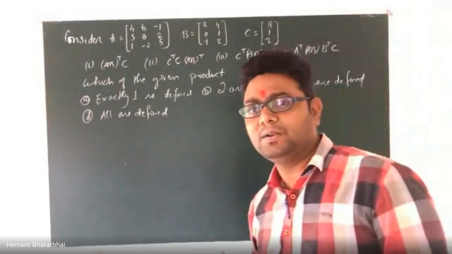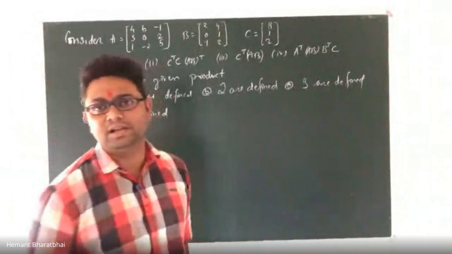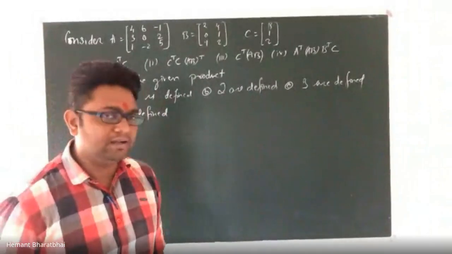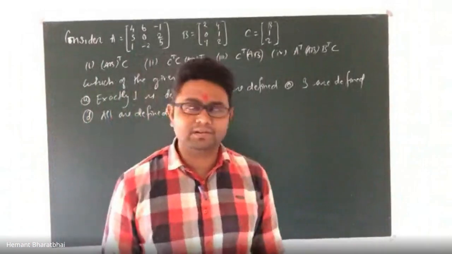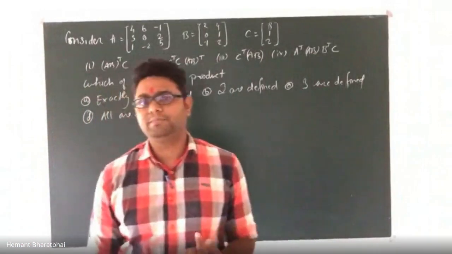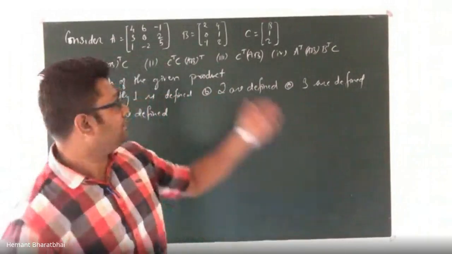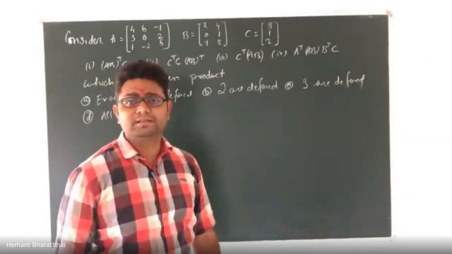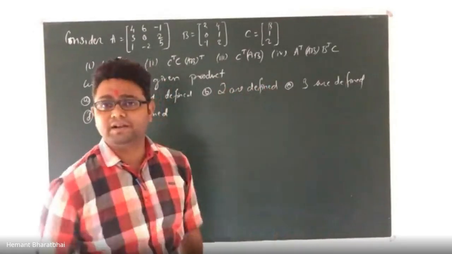In the exam, there are 20-30 questions, and if you solve each and every question fully, you get only 2.5 minutes per question. It's only asking which is defined and which is not defined.